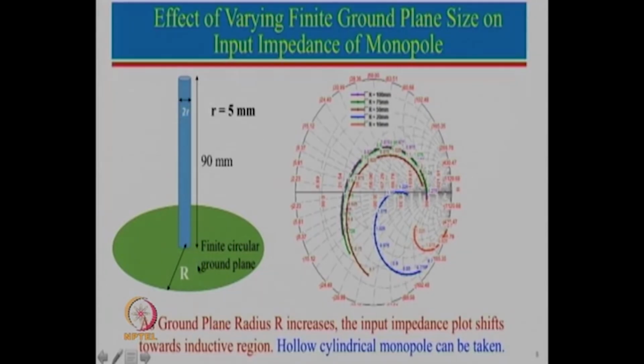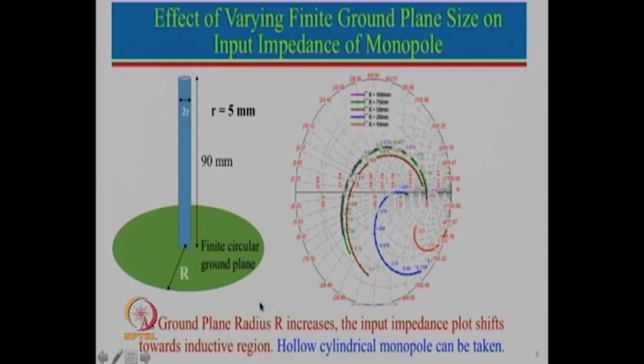First let us think about if it is an infinite ground plane, this is lambda by 4, there will be a reflected image here, so that will be lambda by 4. But as we keep on reducing the ground plane size, this almost looks like a dipole antenna from here to here. This is a very approximate way to tell you, you can approximately think of this as a dipole length only for finite ground plane, not for infinite.